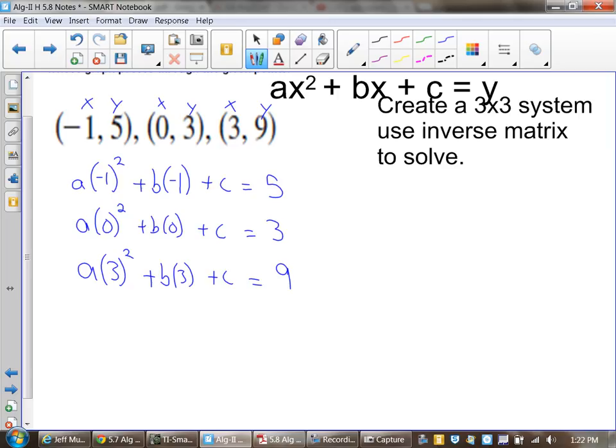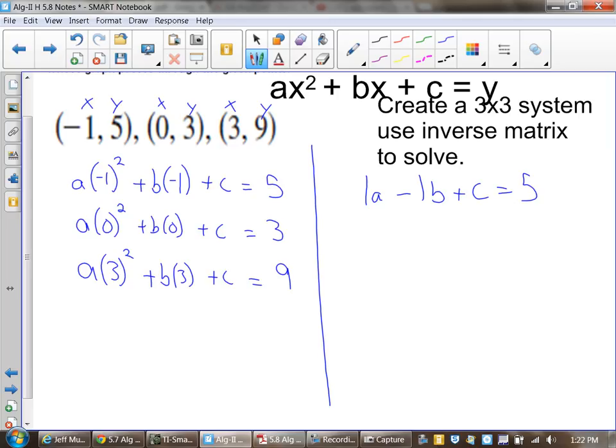What's -1 squared? 1. So this is 1a minus 1b plus c is 5. I'm trying to come up with the coefficient matrix by simplifying before I go to the matrix.